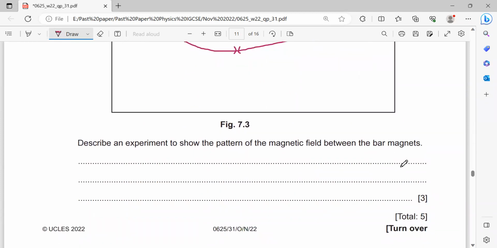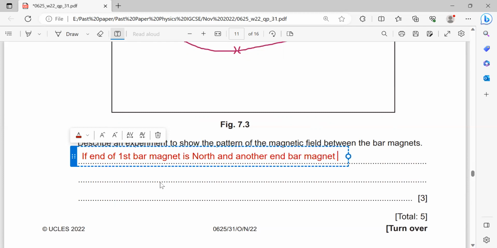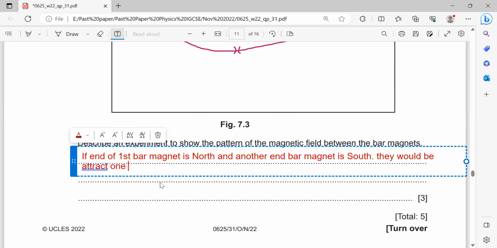Describe an experiment to show the pattern. If the first bar magnet's end is north and the other bar magnet's end is south, they would attract one another.